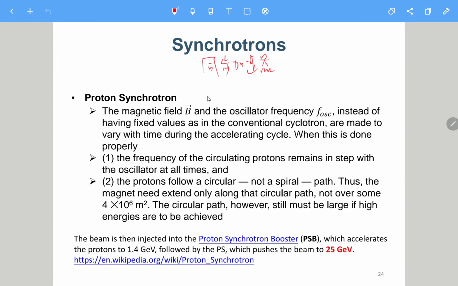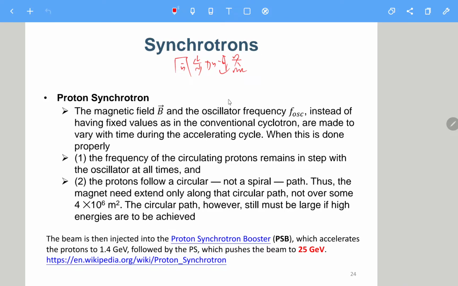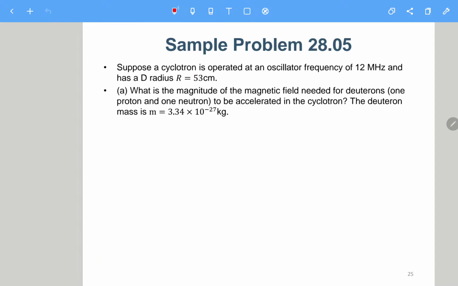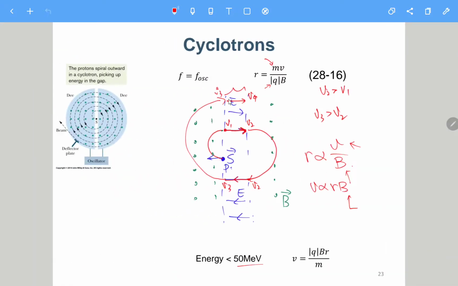Okay, so for the synchrotron, we will not go deep into the mechanism, but the point here is that for the cyclotron, the limitation is that we need to provide a uniform B field over the whole area.